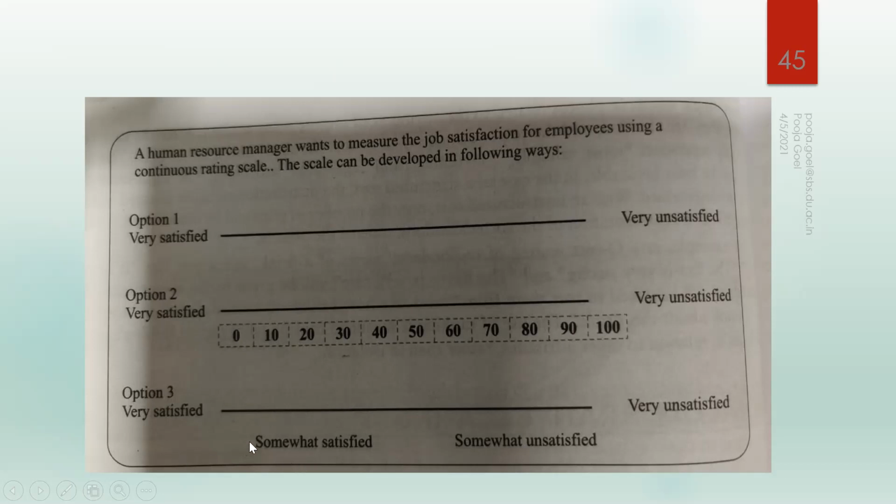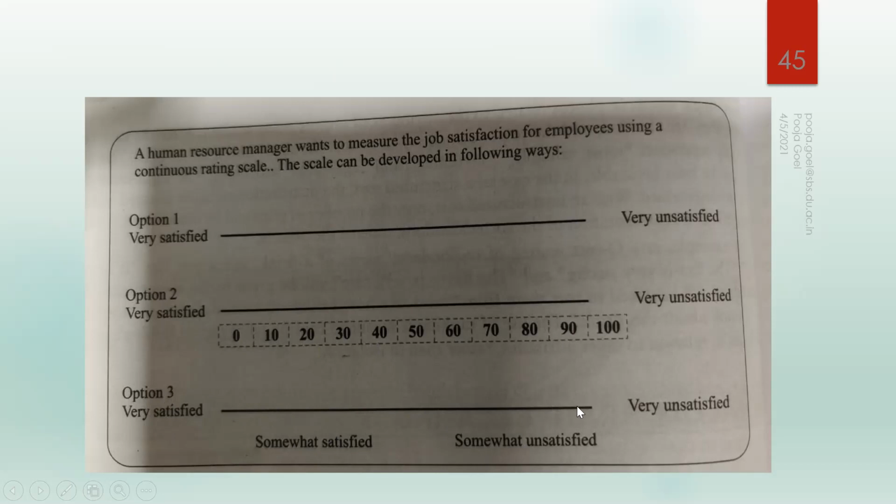Then the third option is like this. You're not telling the respondent exactly at what point somewhat satisfied is, right? Maybe you have done that kind of coding that between 10 to 30, if somebody marks, I'll count it as somewhat satisfied. If somebody marks here, I will count it very satisfied, irrespective of whether someone put it here or here.